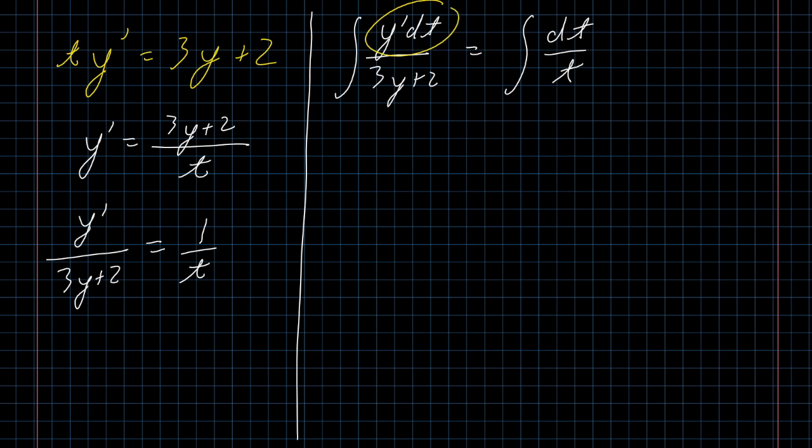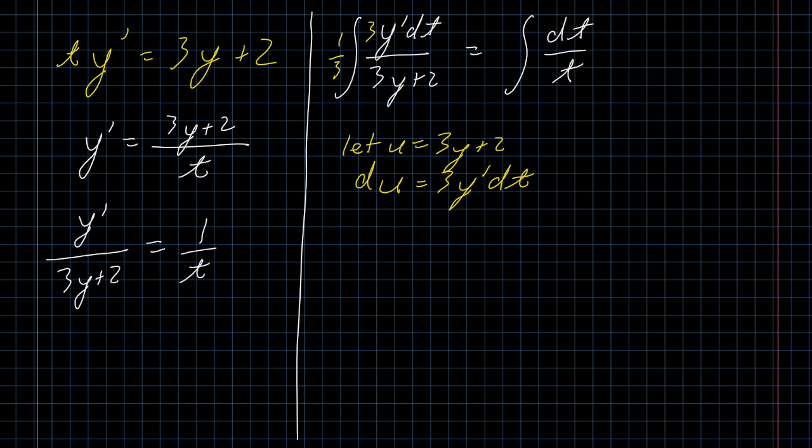So whether or not you replace that, I'm going to let u equal 3y plus 2, and then du is going to be 3y prime dt. So I need an extra 3 up here, which means I need an extra 1/3 out here.